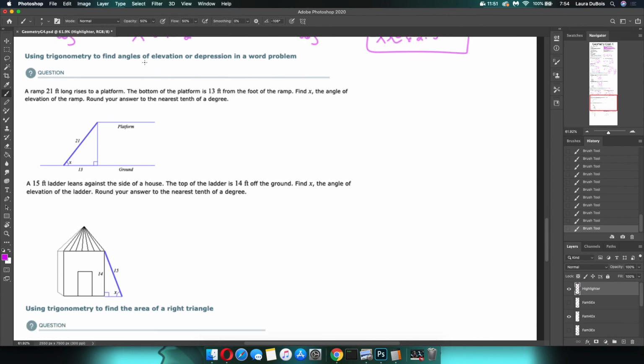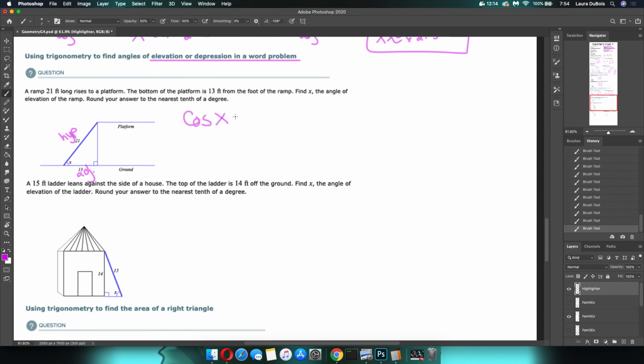And now we get some of my favorites, elevation and depression in a word problem. A 20-foot long ramp, the bottom is 13 feet from the ramp. Find x, the angle of elevation for the ramp. So 13 is my adjacent and 21 is my hypotenuse, which means this is cosine.